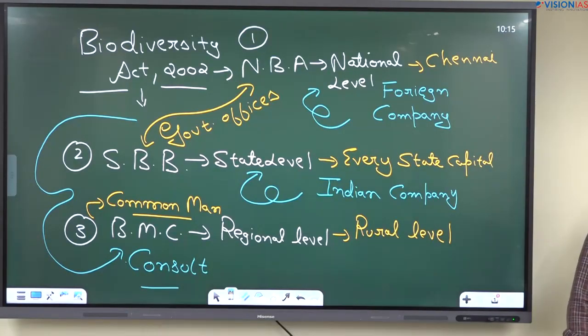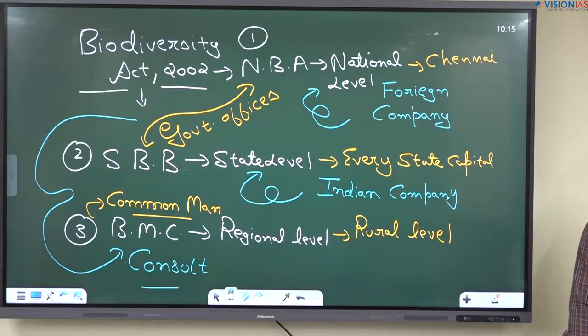You are living in an area, and a mineral water company wants to develop a unit in your area. Who will be first affected? You will be first affected. Because the mineral water company will take the groundwater, produce mineral water and sell that in the market. In your area, groundwater level will go down. So that is why it needs to be consulted with you first.